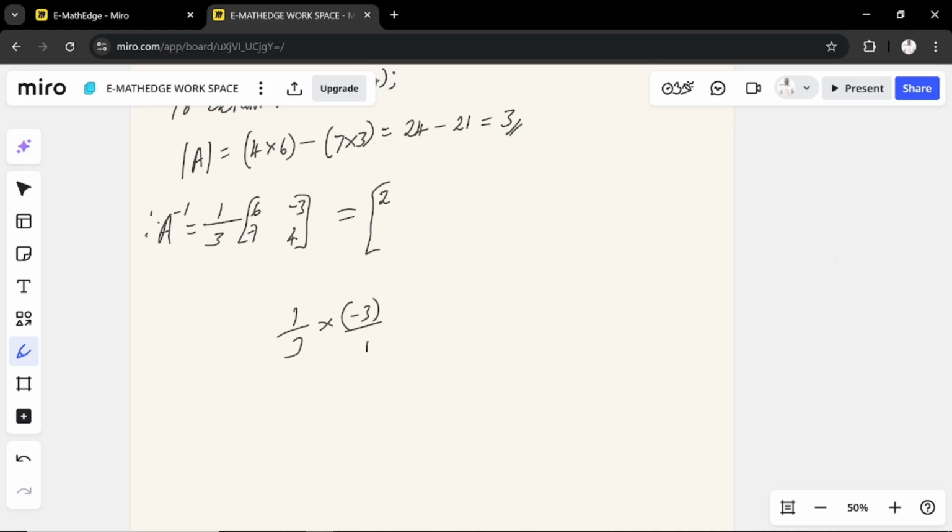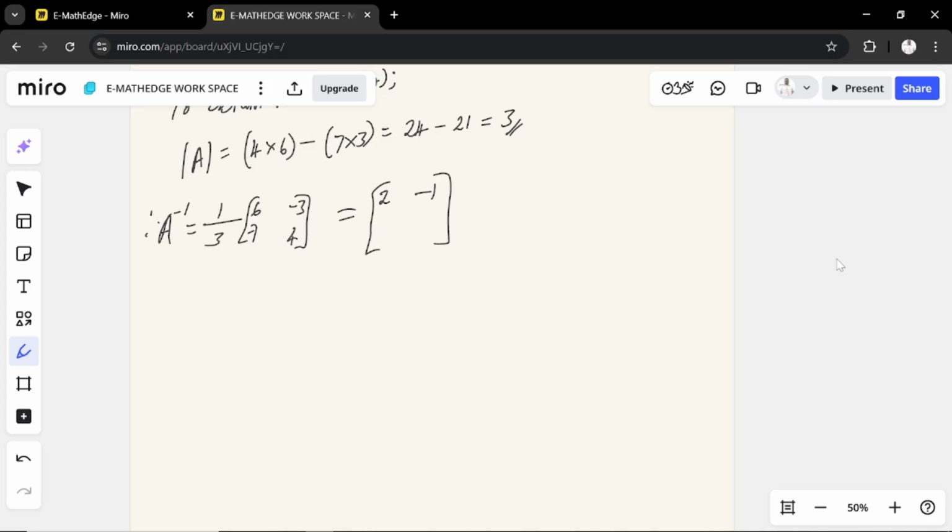We can take this to be 1 as well, such that 1 multiplying -3 is going to give us -3 all over 3 multiplying 1 is going to give us 3, such that -3 divided by 3 is going to give us -1. So the value in the first row and second column is going to be -1.